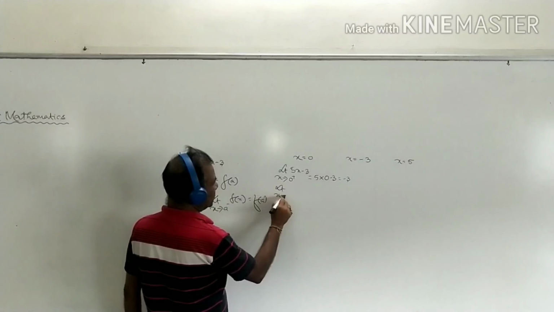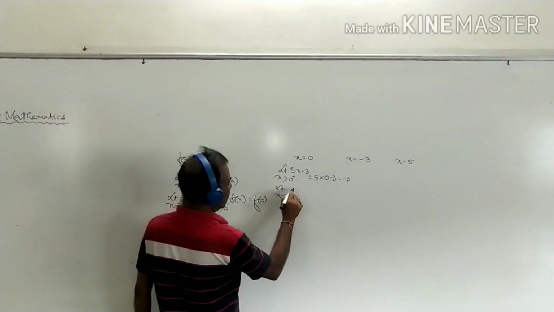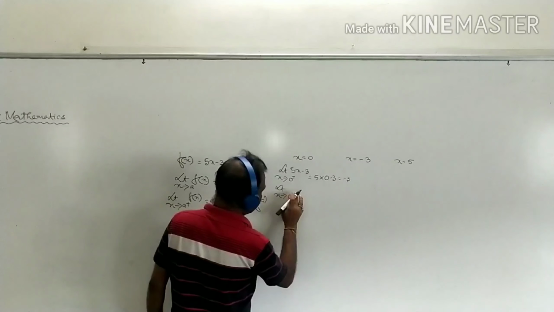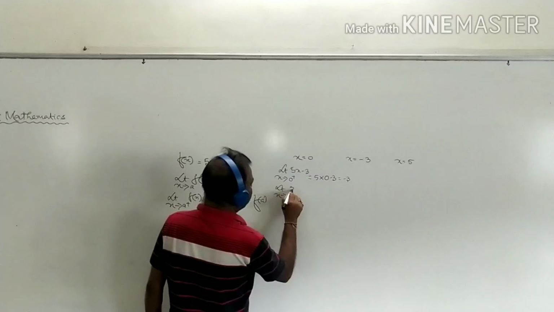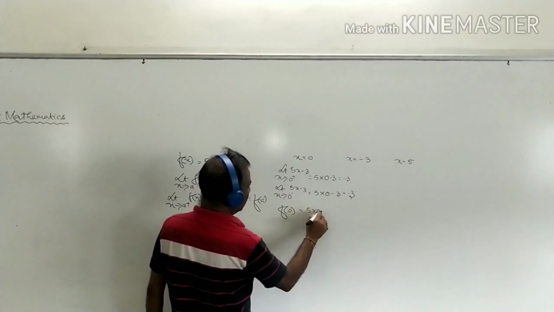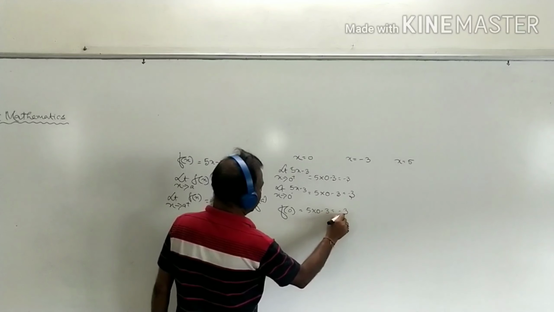Limit x tends to 0 minus, same function, 5x minus 3, equal to 5 into 0 minus 3 equal to minus 3. And f(0) equal to 5 into 0 minus 3 equal to minus 3.